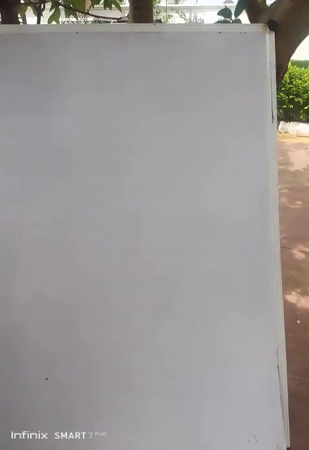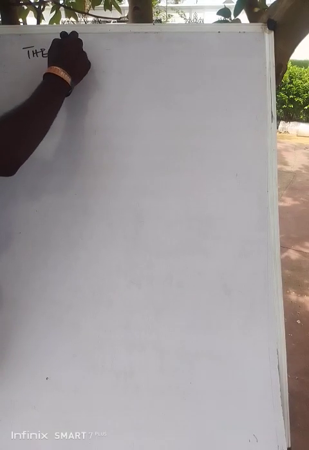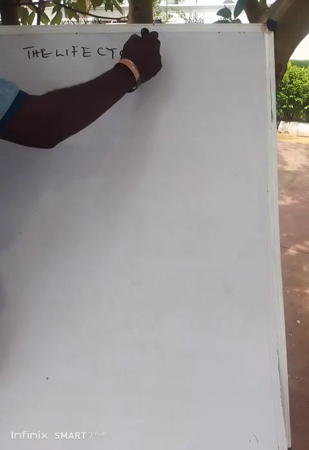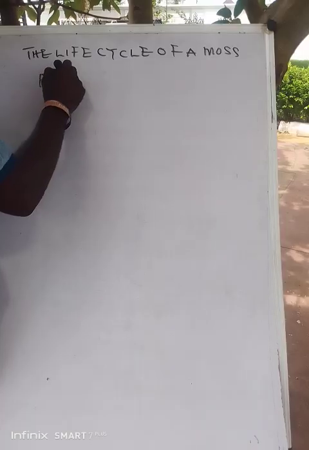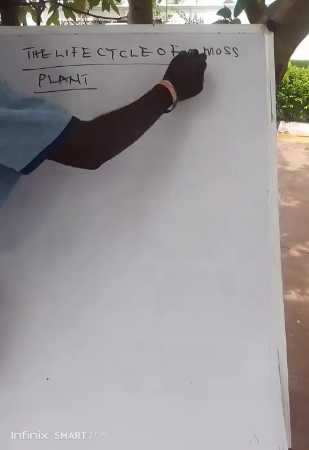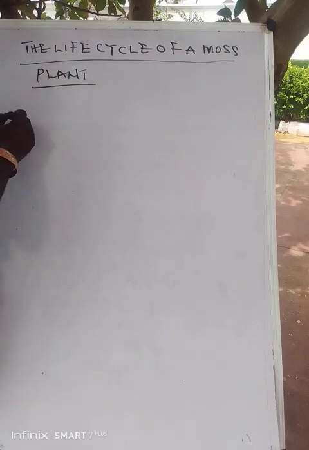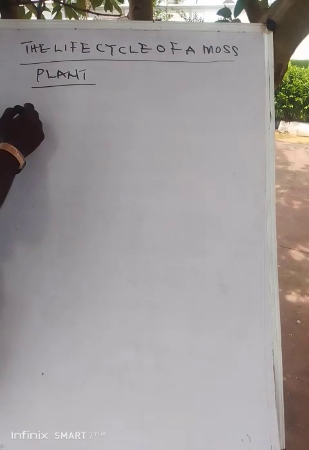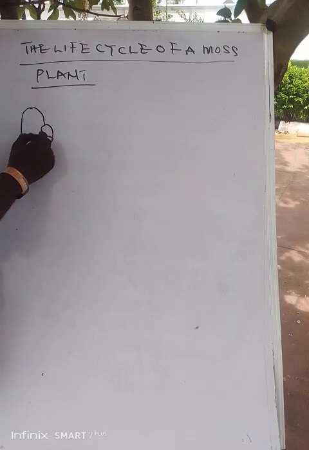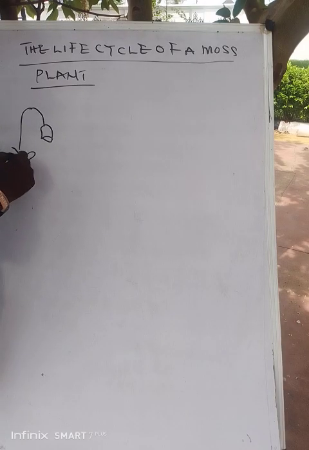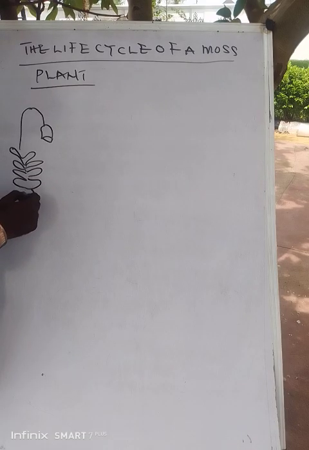Now let's look at the life cycle of a moss plant. This life cycle can start with anything; let me start with the sporophyte. The gametophyte is dominant, and it is on top of the gametophyte that you have the sporophyte.